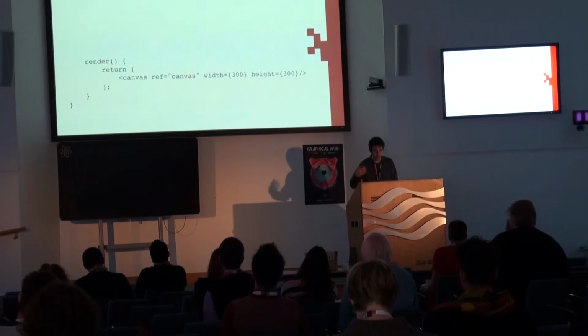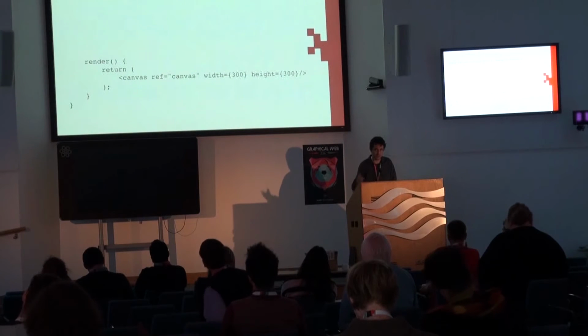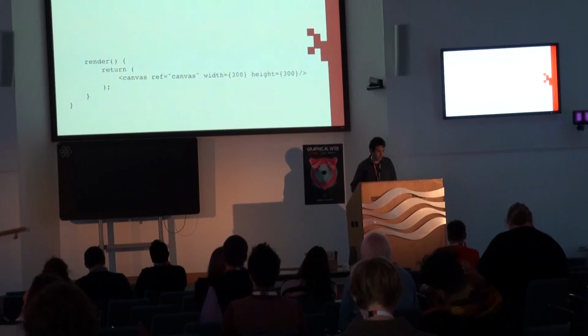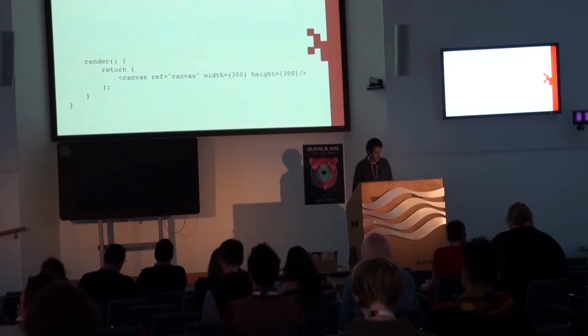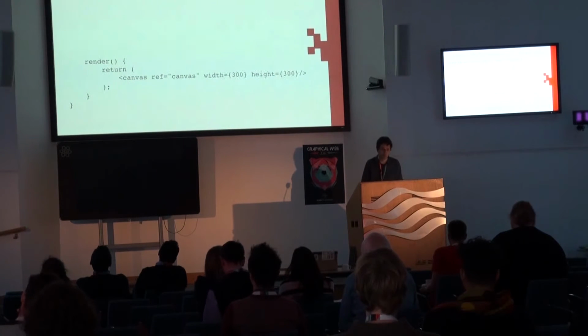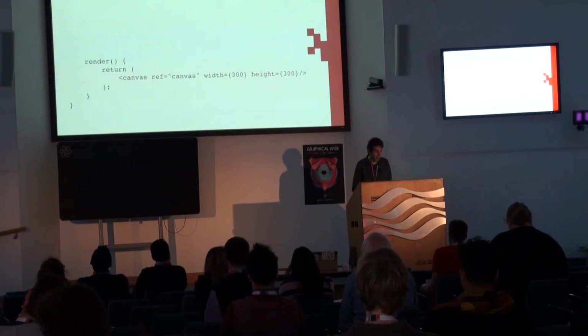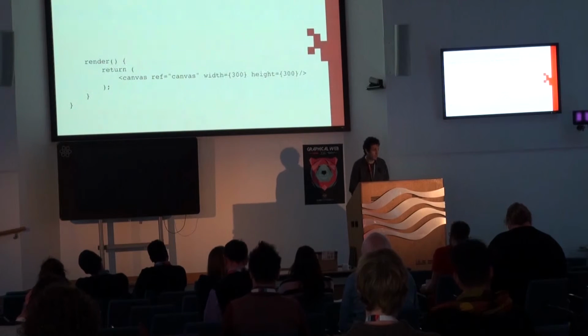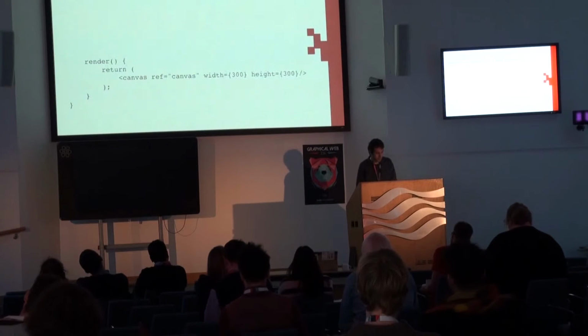There you receive all the methods, the React lifecycle methods. Then you have render, component did mount, component did update, component did unmount, everything about that. And you have a render method that returns a canvas.